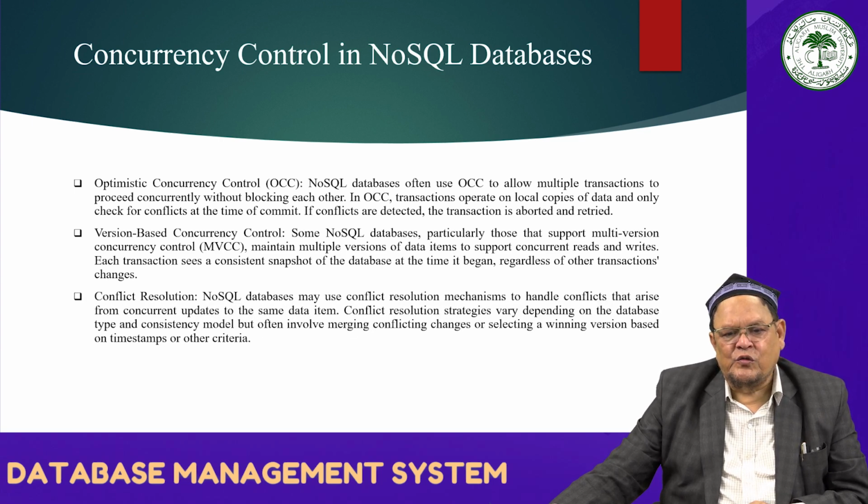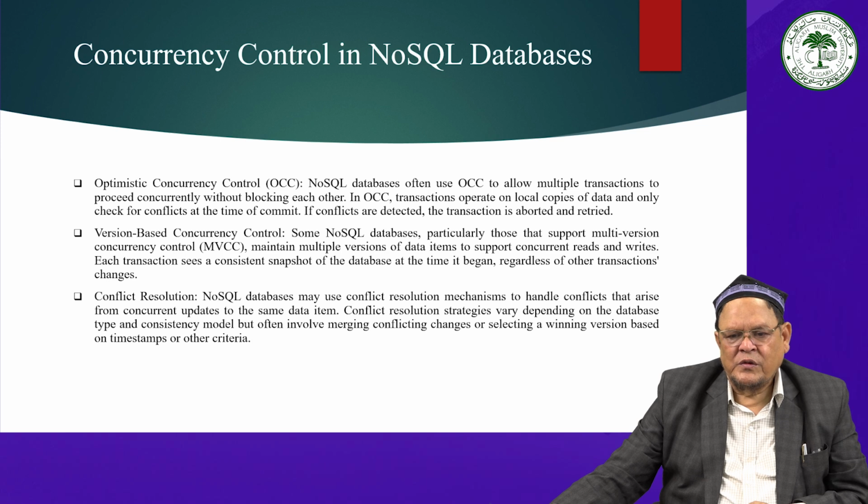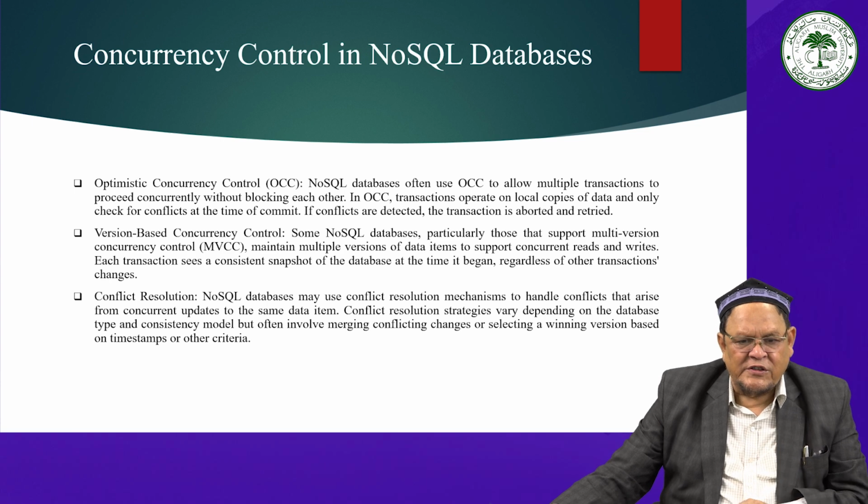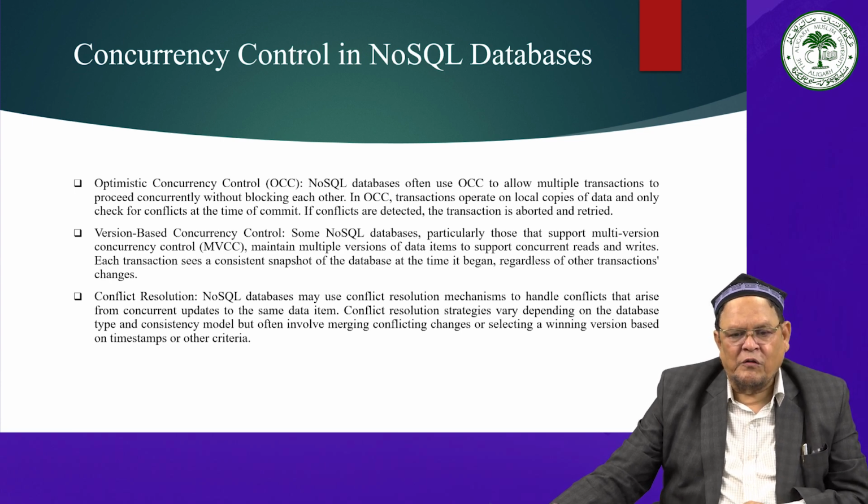NoSQL databases may use conflict resolution mechanisms to handle conflicts that arise from concurrent updates to the same data item. Conflict resolution strategies vary depending on the database's consistency model, but often involve merging conflicting changes or selecting a winning version based on the timestamp or other criteria.